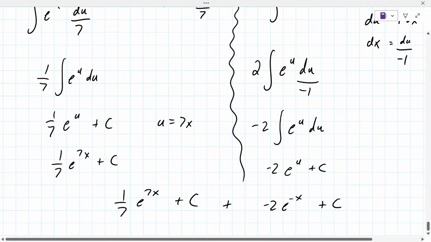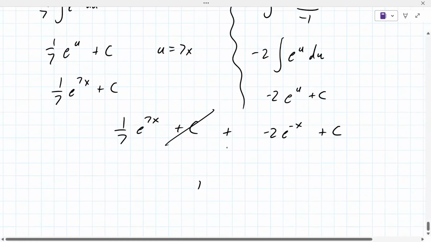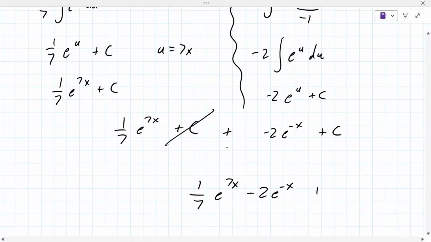But you might be thinking, well, there's 2 c's. Do they cancel? No, you eliminate one of them. You only have 1 c in your answer. So it's 1/7 e to the 7x minus 2 e to the minus x plus c.